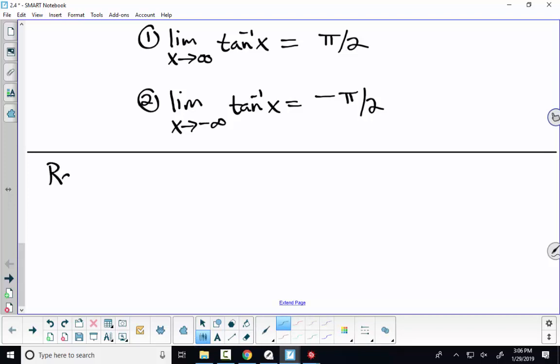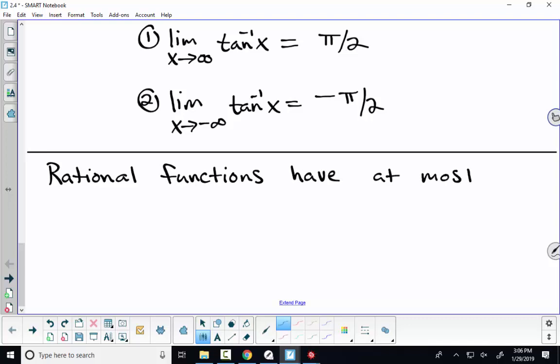Rational functions have at most one horizontal asymptote. I'll keep solidifying this because it does get a little bit tedious.